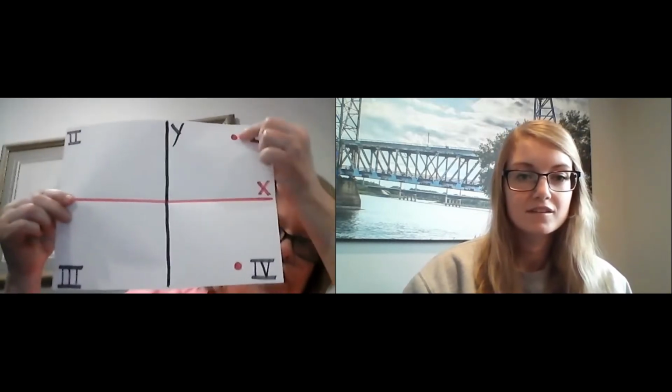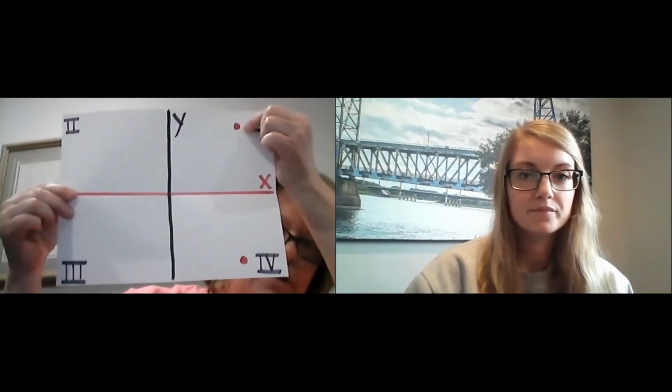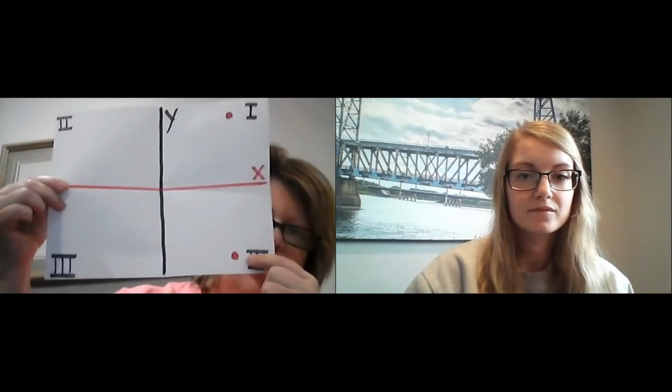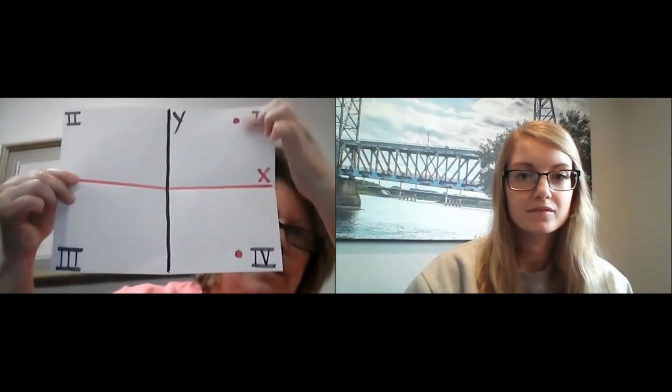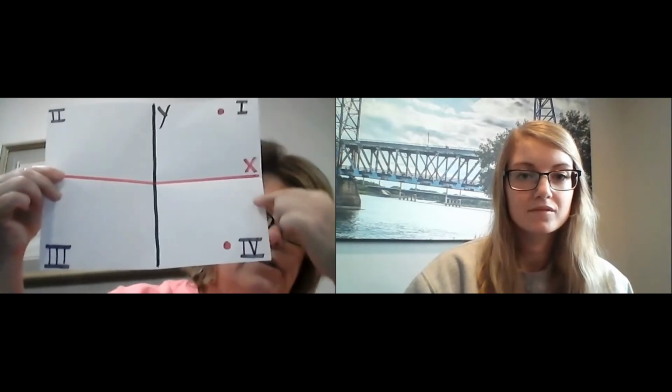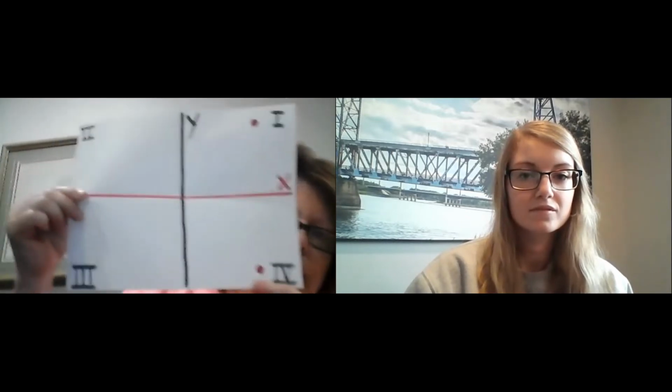It's got to match. All right. So here I have the point that I started with, and then the point that was reflected. So I'm reflecting this point over the x-axis, and its reflection lands here.